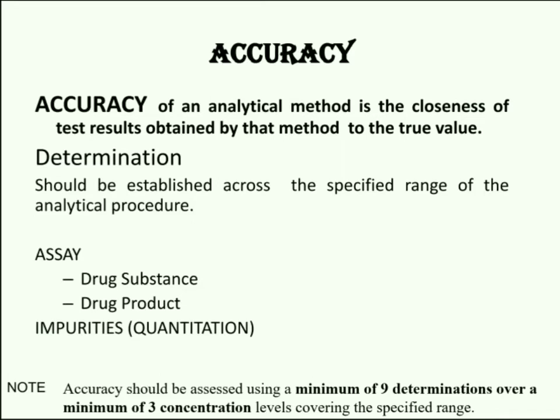For the determination of accuracy, it is recommended to have a minimum of 9 determinations over a minimum of 3 concentration levels fulfilling the specified range limits. Accuracy is mandatory in case of various assay procedures and in the quantitation of impurities.